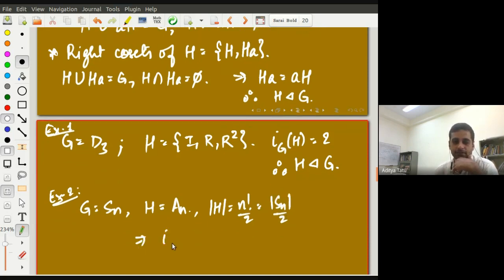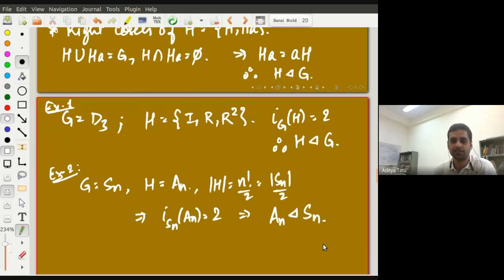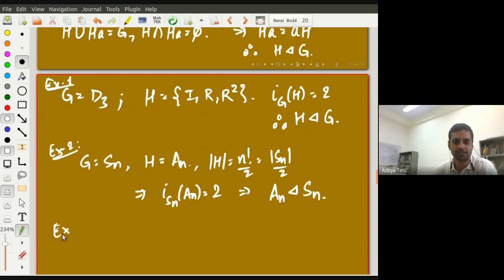This implies the index of An in Sn is equal to 2, which implies that the alternating group of order n is a normal subgroup of Sn.